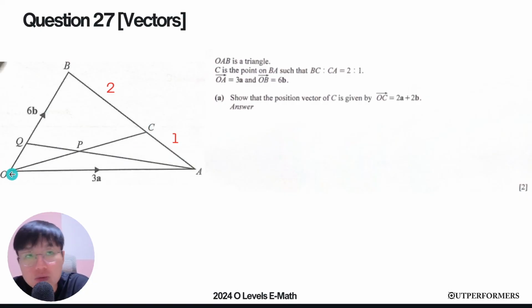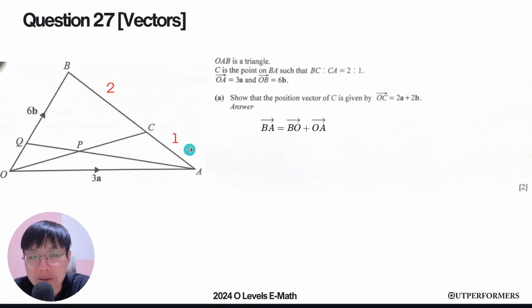We want to try to walk on routes that we are familiar with, that we have. So one possibility is walking from O to B, so maybe from my home to the shopping mall, then from the shopping mall to the school. That's one. Or I can also walk from my home to maybe the gym, and then walk to the school. So something like this.